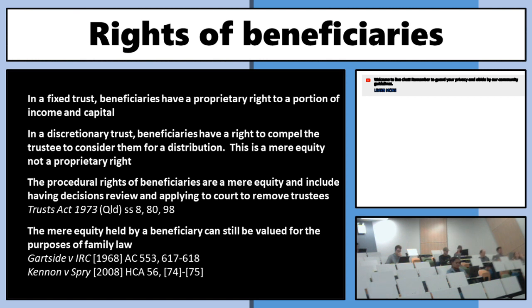It's not a proprietary right as such, but we're going to give it a value within the meaning of the Family Law Act. And that value is going to be $4.5 million. So there we go. It reads a little odd in terms of how the court went and did this, but look at the circumstances that happened with that particular case. That was really one of the principles that came from that as a result.